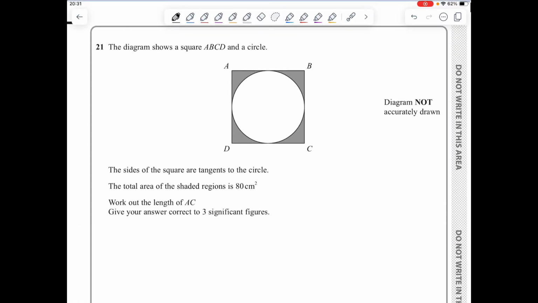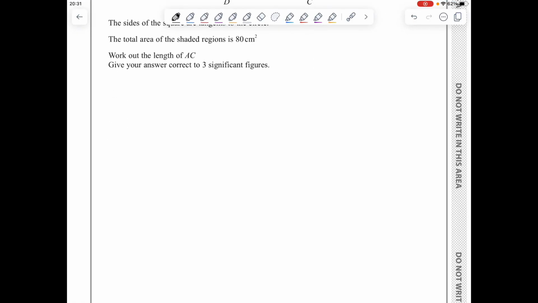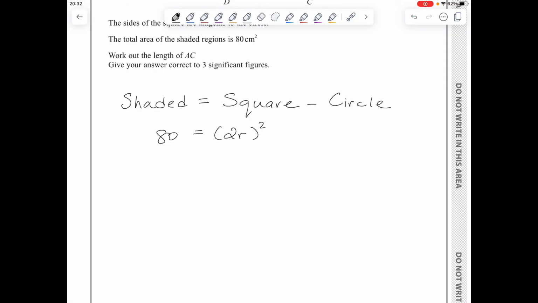For question 21, I'm given the area of the shaded region and I'm asked to find the diagonal of this square. Now let r be the radius of the circle. So each side of the square is equal to 2r. Now the shaded region is equal to the area of the square minus the area of the circle. So 80 is equal to 2r all squared minus pi r squared.